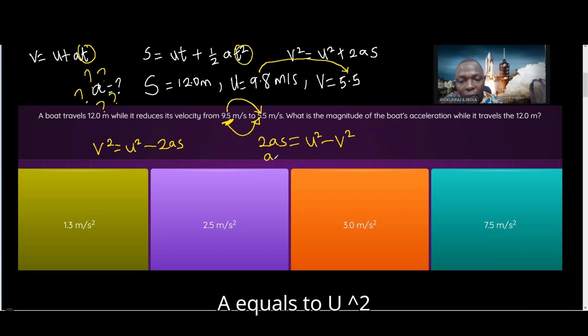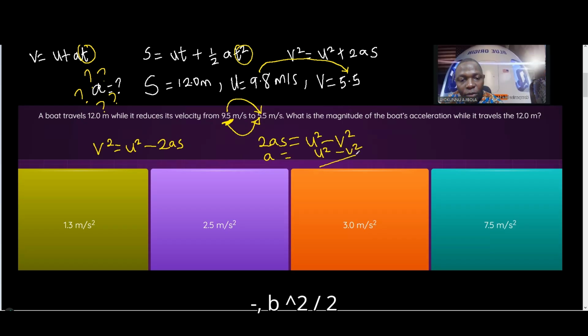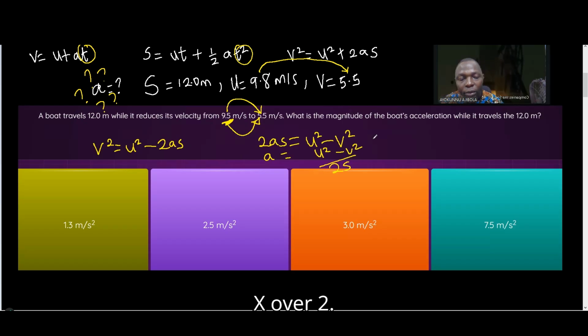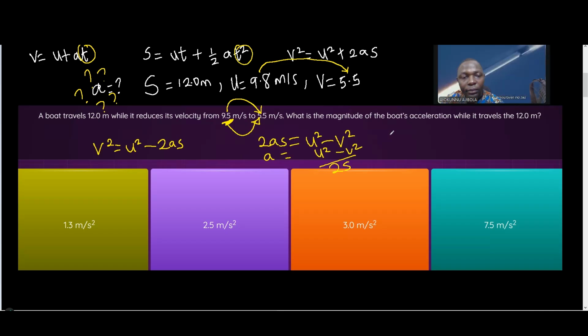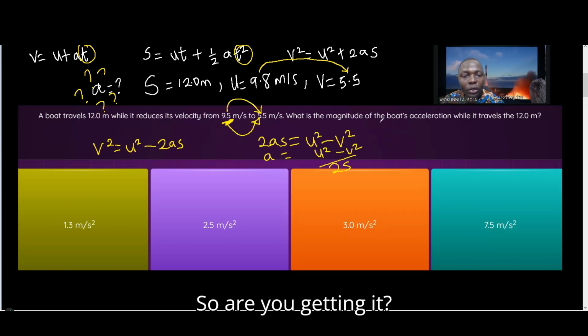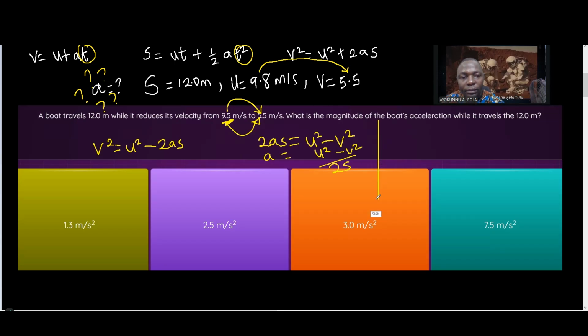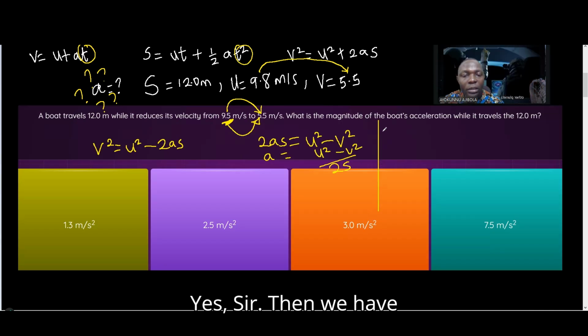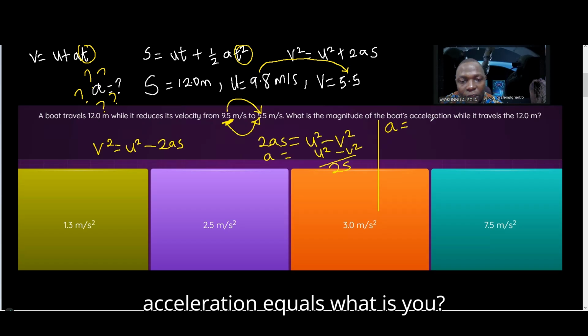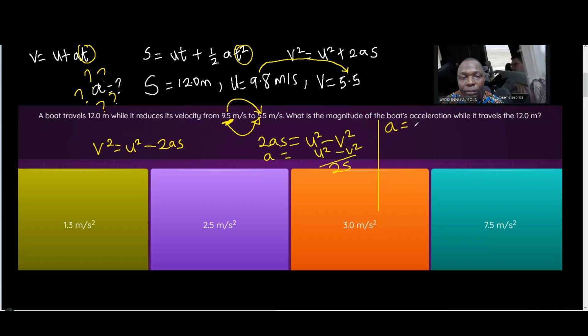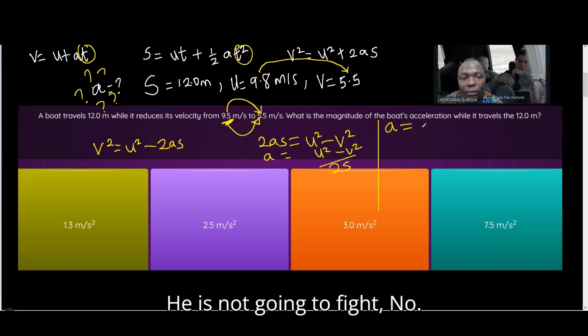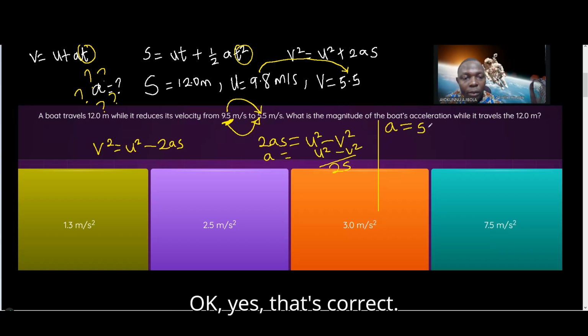Then A equals U squared minus V squared over 2S. So, are you getting it? Yes, sir. Then we have acceleration equals, what is U? U is 9.5. Yes, that's correct.